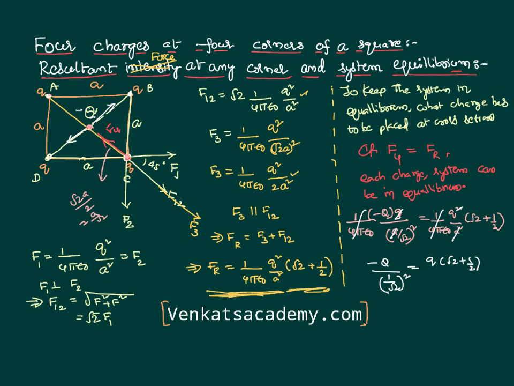So, 1 by root 2 whole square is 1 by 2, that will become 2 minus 2Q equal to q into 2 root 2 plus 1 by 2. So, the charge that we have to keep at the cross section of the diagonals to keep the entire system in equilibrium is a negative charge having a magnitude of q into 2 root 2 plus 1 by 2 by 2. If you keep this much of the charge, the entire system will be in equilibrium.